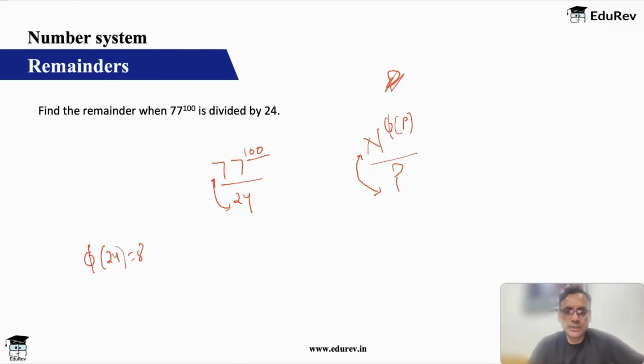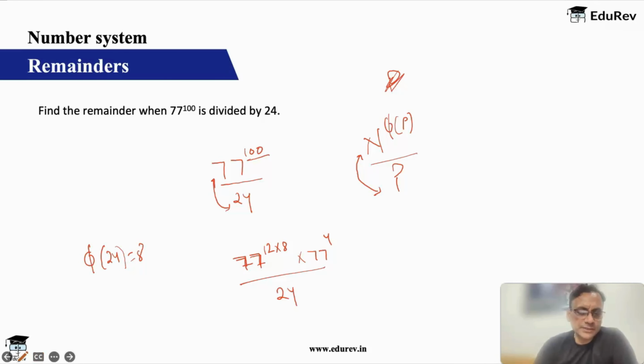So what I will do is write it as 77 to the power 12 into 8, into 77 to the power 4, upon 24. It adds up to 100, right? 12 into 8 is 96, and 96 plus 4 is 100. I can write it like this, and on this part the modified Fermat's theorem can be applied.